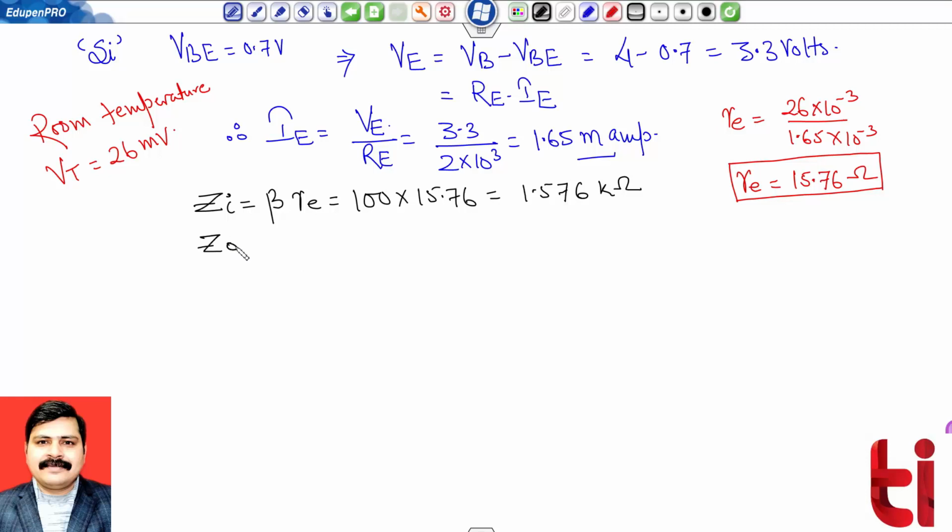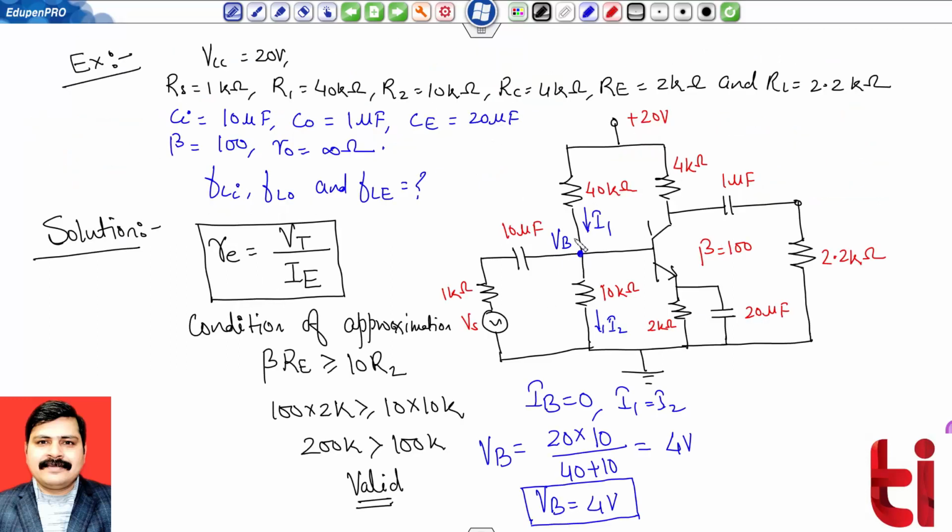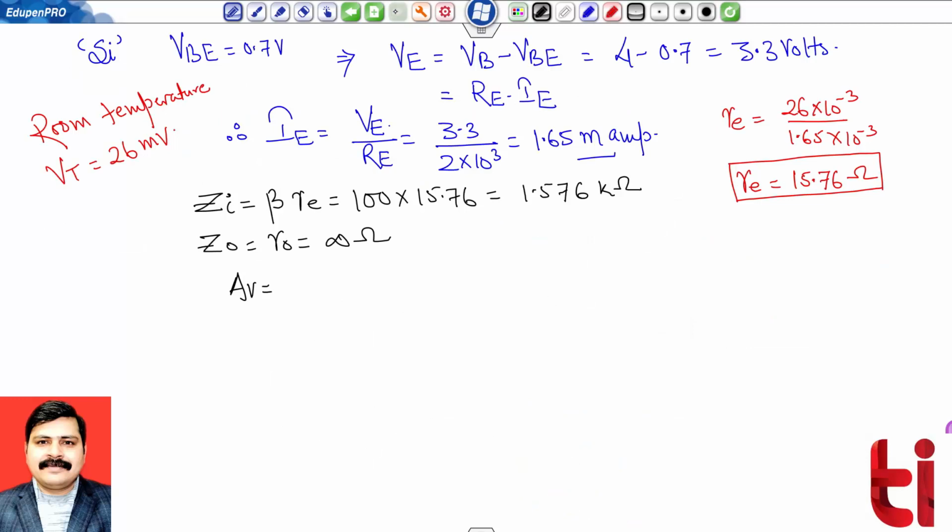My Zo will be equal to Ro, infinity ohm, and over here my gain, that is AV. So over here my voltage gain will be nothing but, for this I want to draw here the AC equivalent model. Before this I want to draw its AC equivalent model, and the AC equivalent model using re.